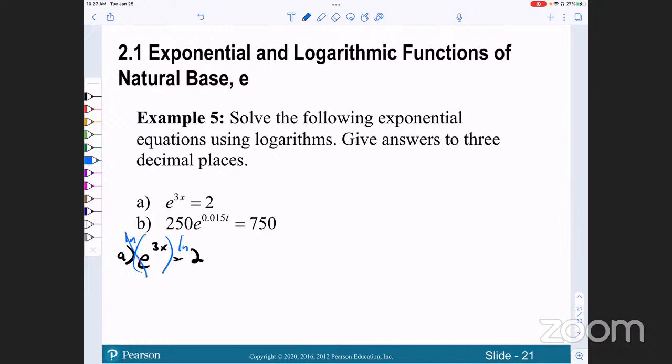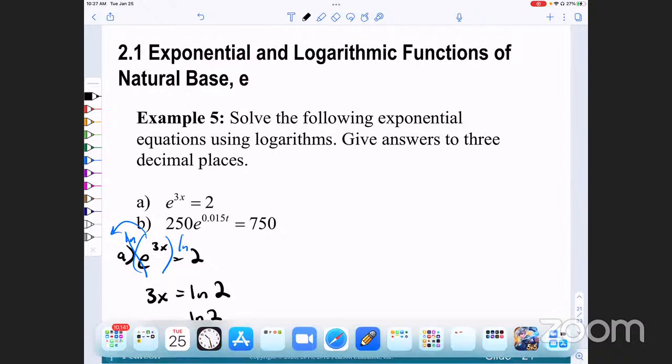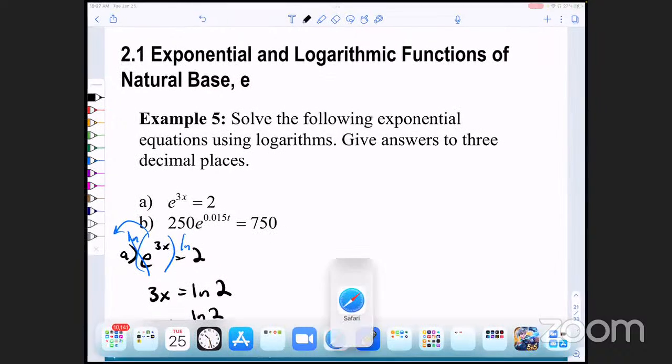On the left, these cancel, and it brings that 3x out of the exponent. So we have 3x on the left, and on the right, natural log of 2. Dividing both sides by 3, x equals the natural log of 2 over 3. And for the rest of it, we'll use a calculator.